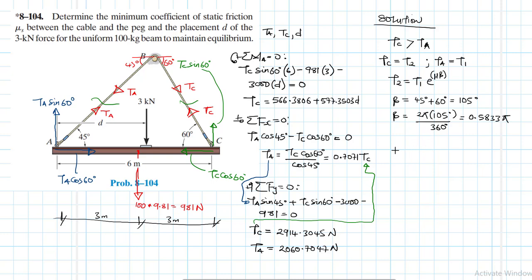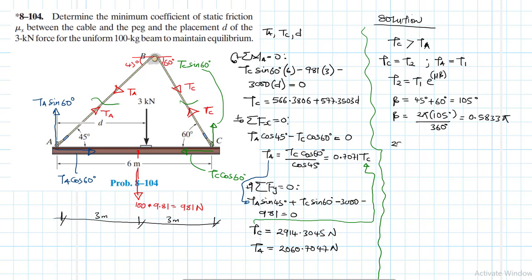So what we need to do is to plug in all these values in our equation. So let me just create this boundary here, like so. So let's go ahead. We said our TC is our T2.